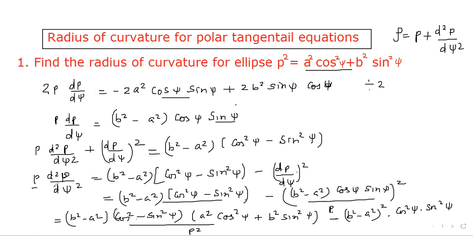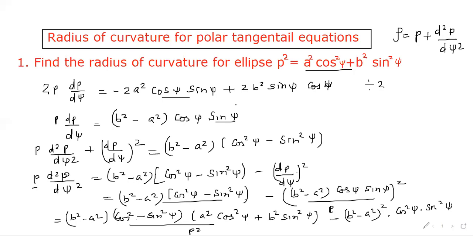One p is here also. So if we want to get d²p/dψ², this will become p³. So we can write d²p/dψ² equals, from here, this term is (b² − a²)², here it is (b² − a²). So one (b² − a²) can be taken outside and this p will make it p³.